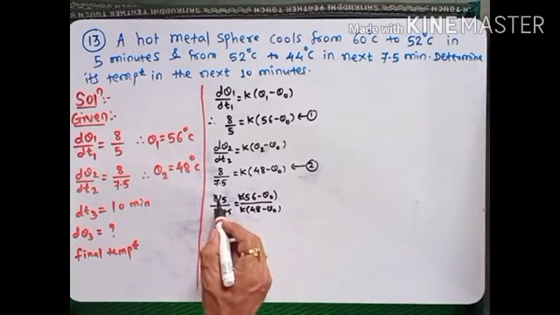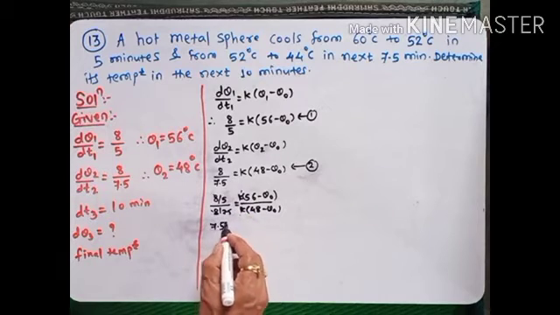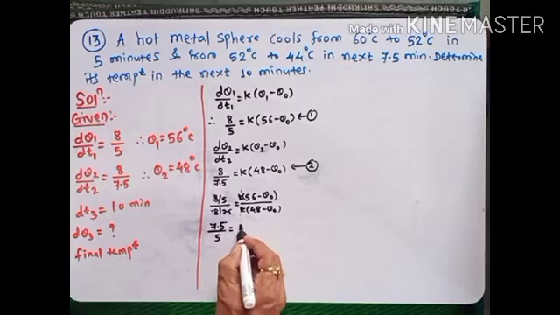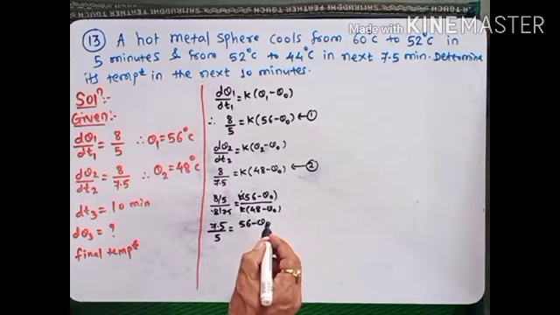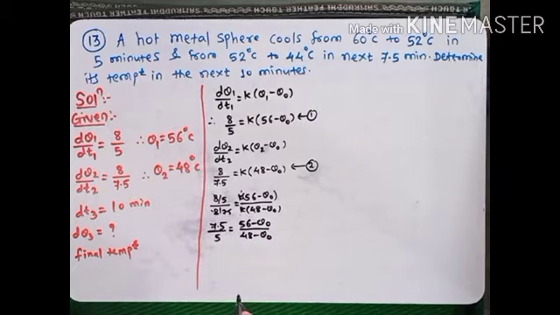Here you see the 8 gets cancelled and k also gets cancelled, and therefore 7.5 divided by 5 is equal to 56 minus theta 0 divided by 48 minus theta 0. I will write 7.5 divided by 5 as 3 upon 2.